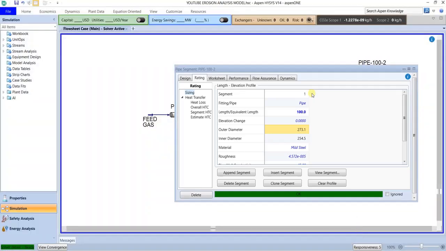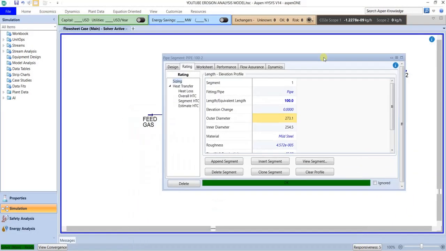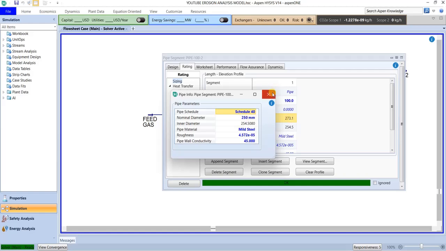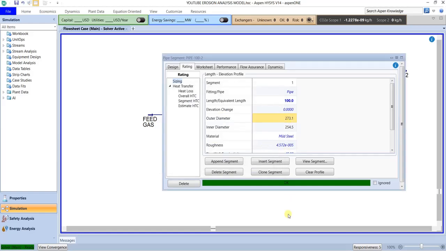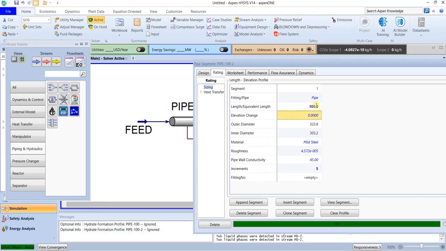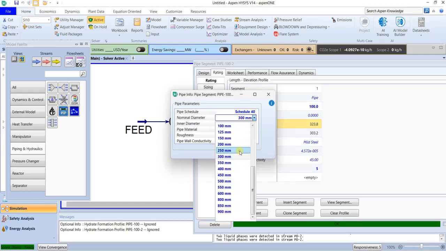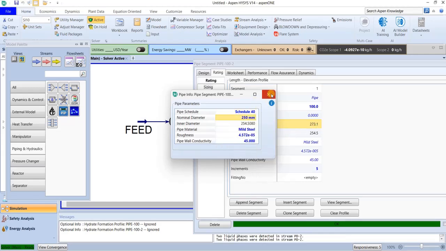So from here, the model we are using, the pipe length is reduced to 100, then the nominal diameter is 250. So we're making those changes in our own simulation. So I'll just reduce this to 100 and then reduce the nominal diameter to 250, right?